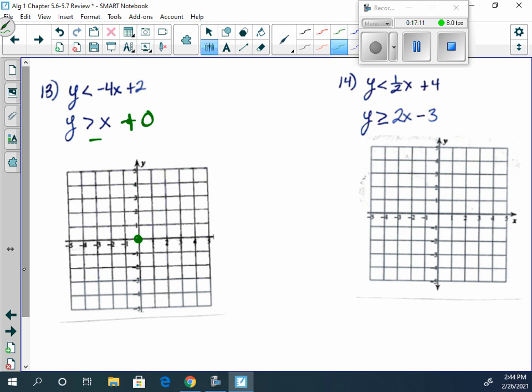And it's positive, so we would go up 1, right 1, or we can go down 1, left 1. And the line would be dashed.